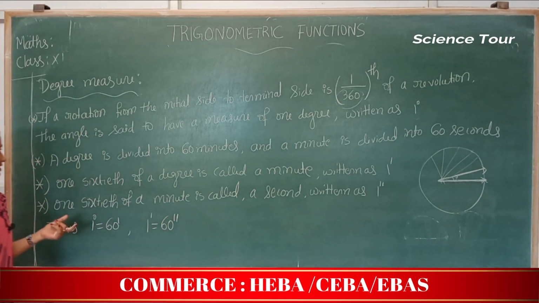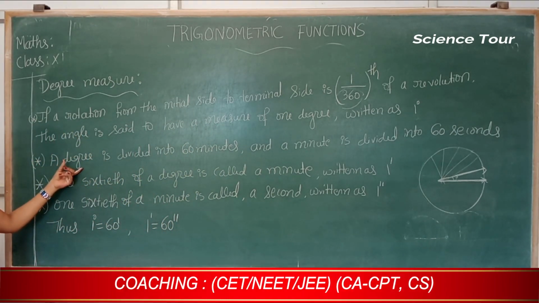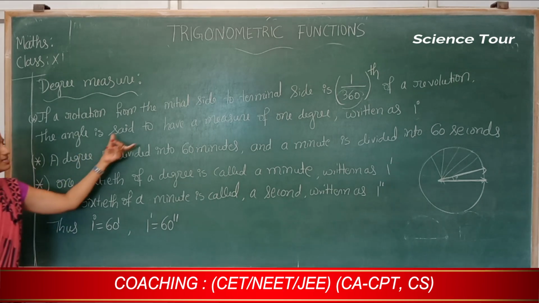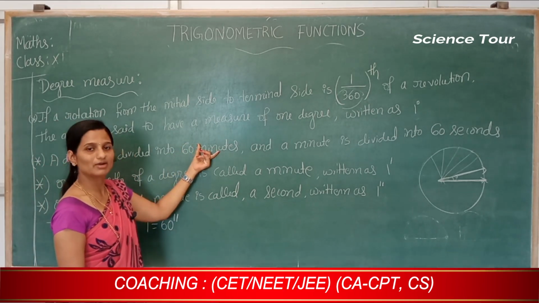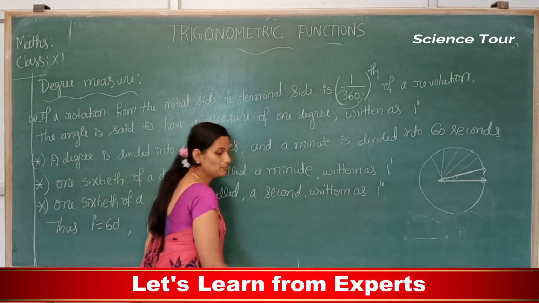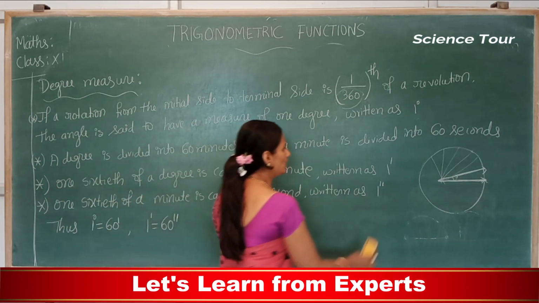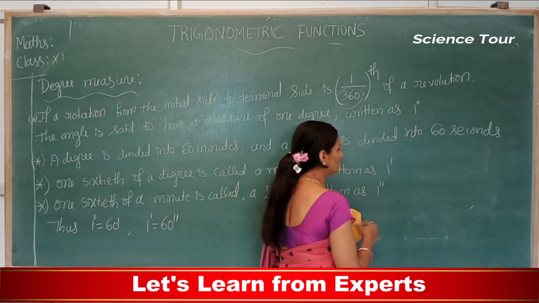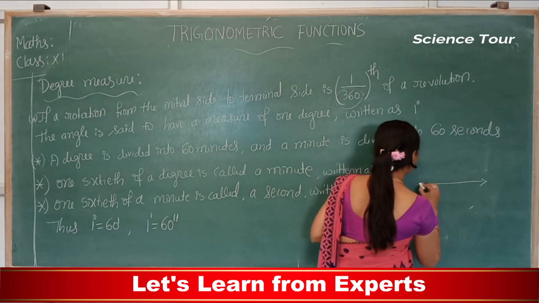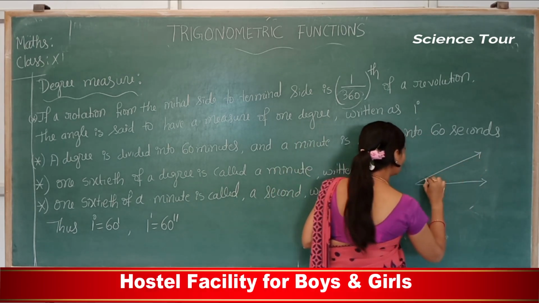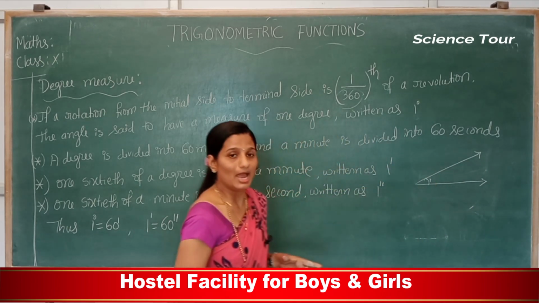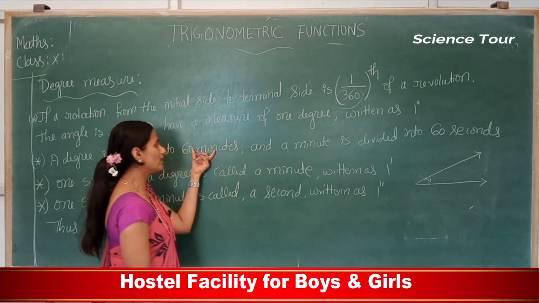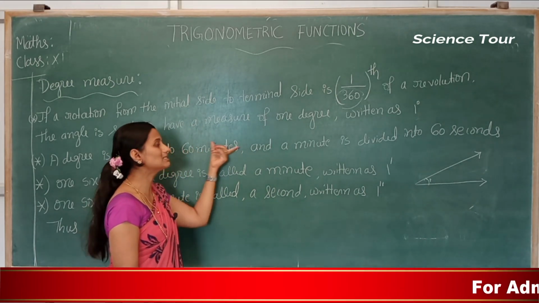The next definition: 1 degree is divided into 60 minutes. Suppose assume that this is your 1 degree, and again this 1 degree is divided into how many parts? 60 minutes.